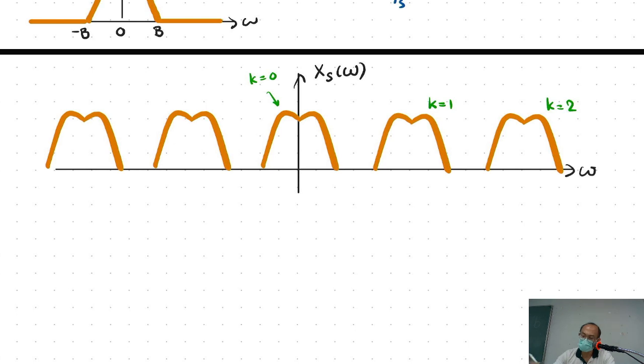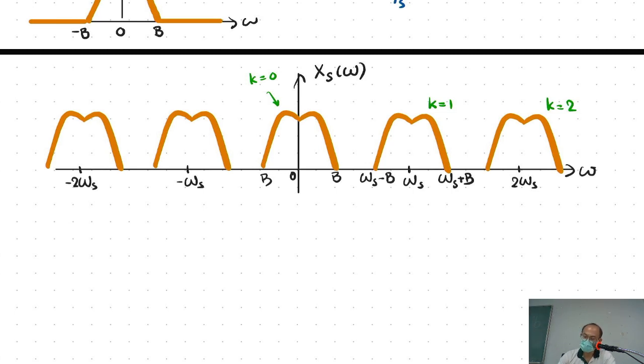So let's mark the horizontal axis. Of course, this has to be omega s. This has to be twice omega s. This has to be minus omega s. This has to be minus 2 times omega s, right? And then what is this position, this frequency? It would have to be omega s minus b, right? So this is omega s minus b, and this is omega s plus b.